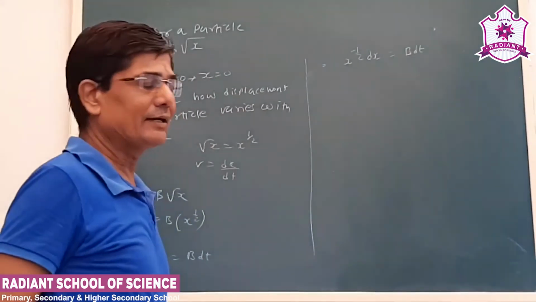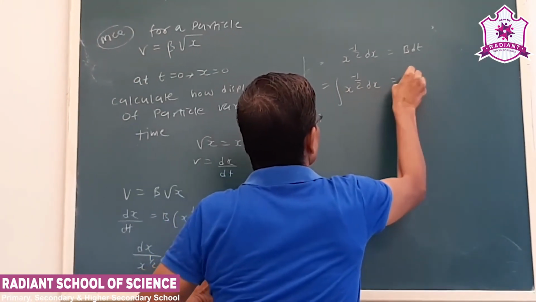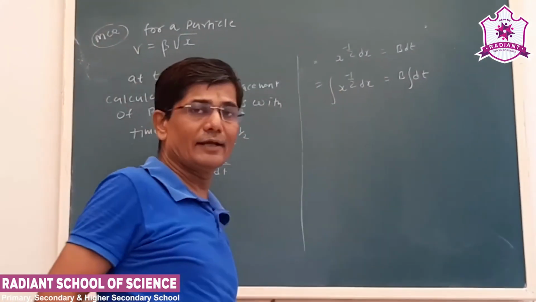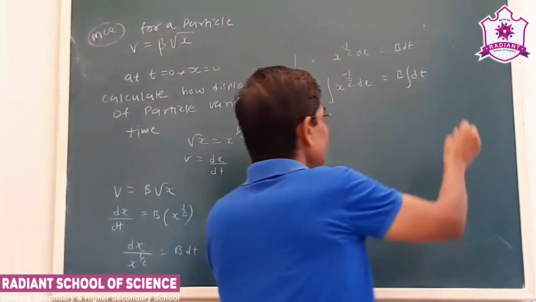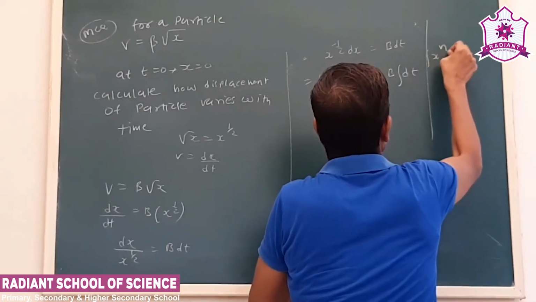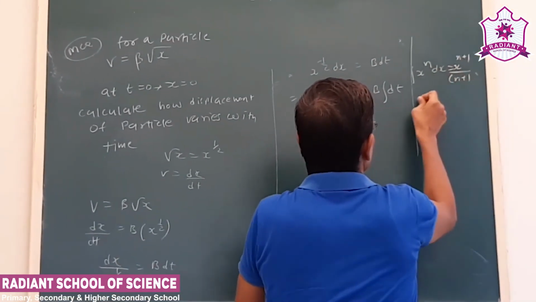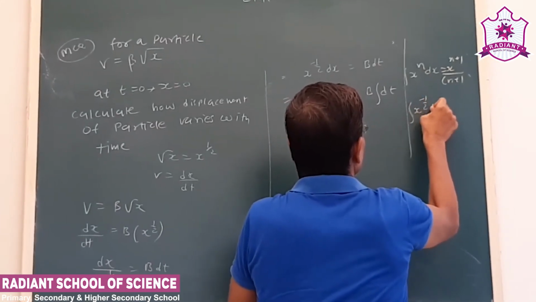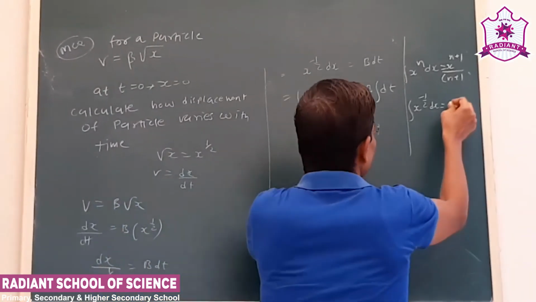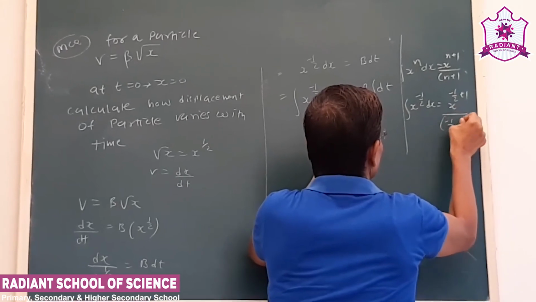Okay. Now we take integration on both sides. Now see, again we have to use the rule of integration. We know integration of x to the power n dx is x raised to n plus 1 upon n plus 1. Now here, see, the power n is minus 1 by 2, so we can write minus 1 by 2 plus 1 upon 1 by 2.